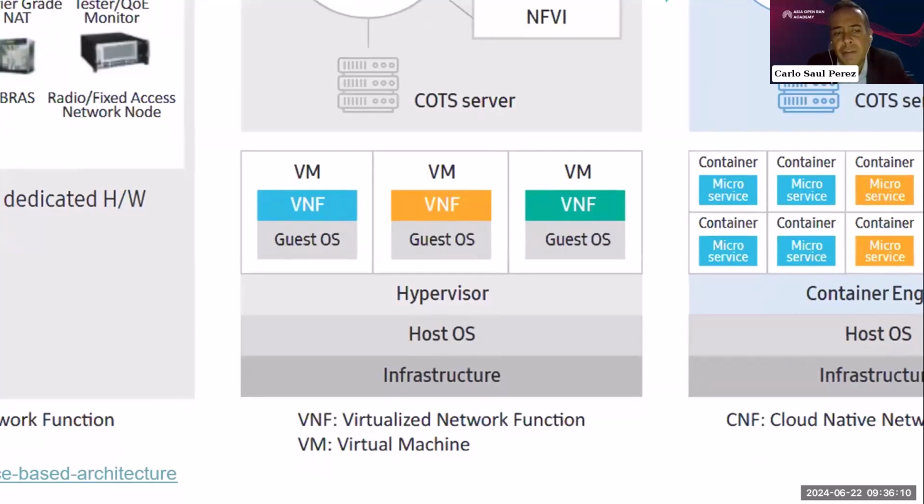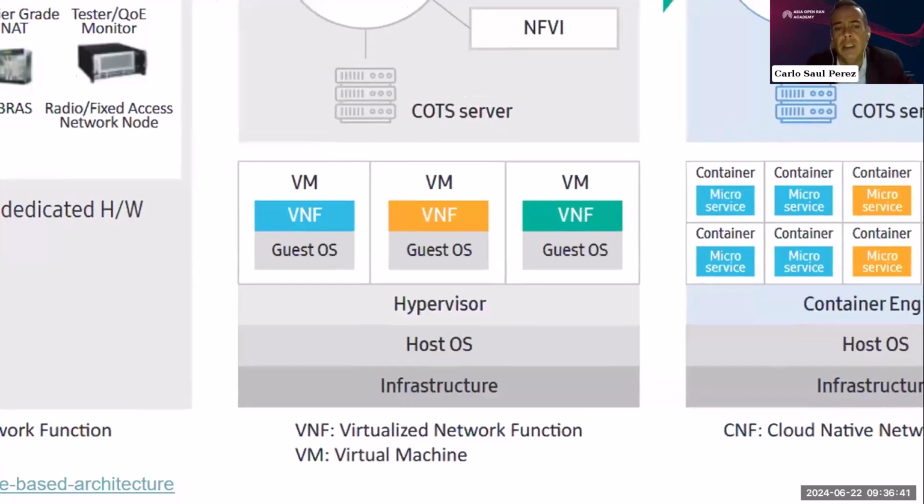For example, switching functionalities, HSS functionalities, core functionalities, using this virtualized ecosystem, with infrastructure like the server with memory, processing, and storage, having a host OS and hypervisor, and over there putting virtual machines depending on what we want.